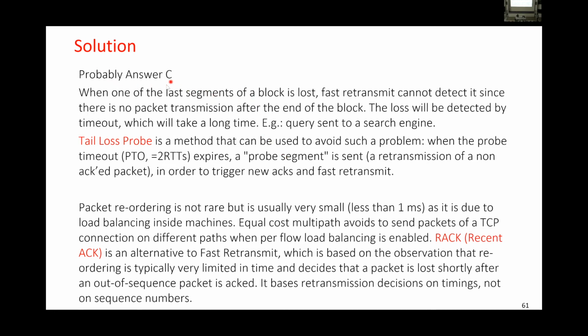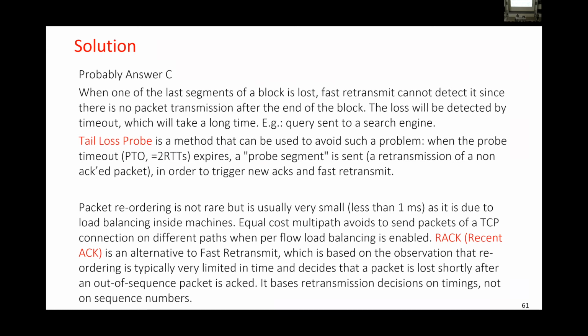So this is something that will probably not happen. But it's true that if your packet is the last one or one of the very last ones, then there is no following acknowledgement to detect, so fast retransmit will fail. Because of that, among the hundreds of bells and whistles of TCP, there's another additional algorithm called Tail Loss Probe that tries to avoid this by having another timeout, the PTO, the probe timeout, and when it expires, a probe segment is sent, which is a retransmission of a non-ACKed packet.